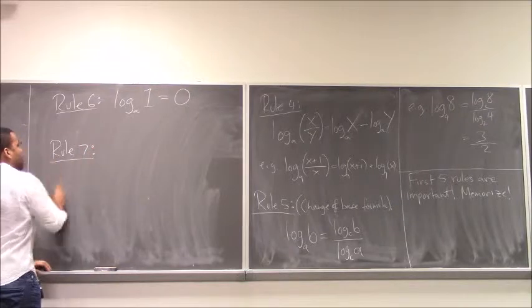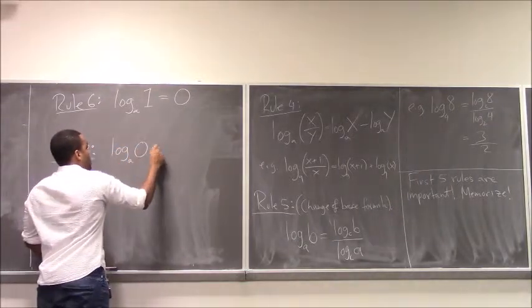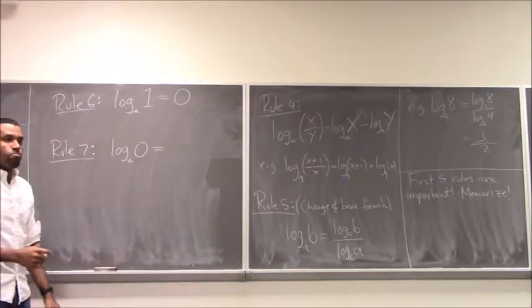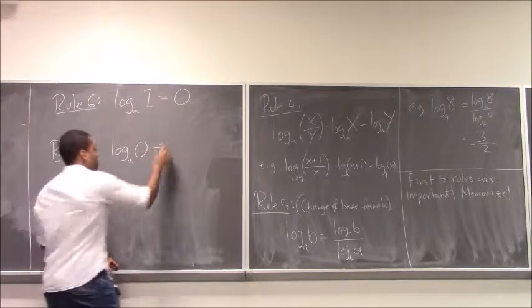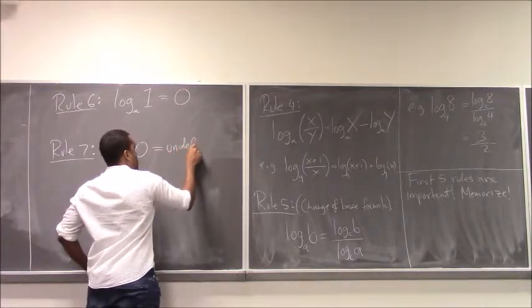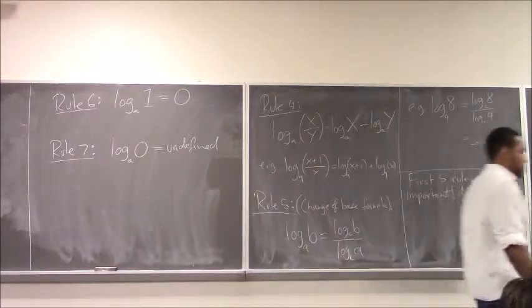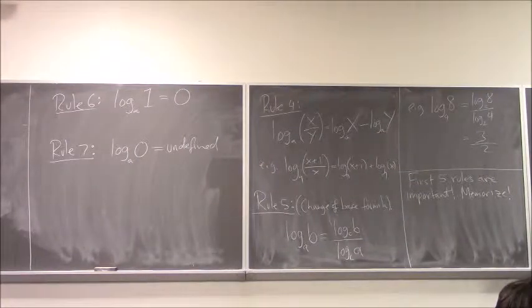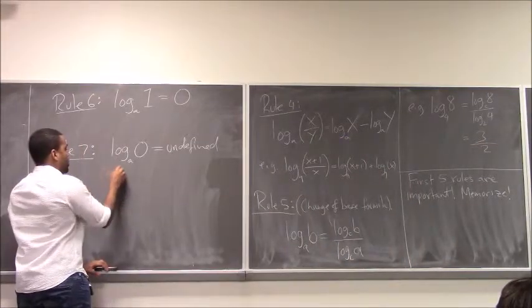Rule 7. I don't know if it's a rule really, or a warning. What's log of 0? It's undefined. Here, you know that our a is greater than 1.